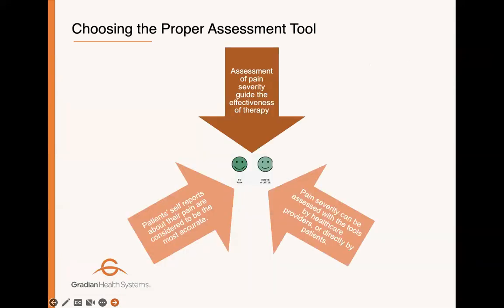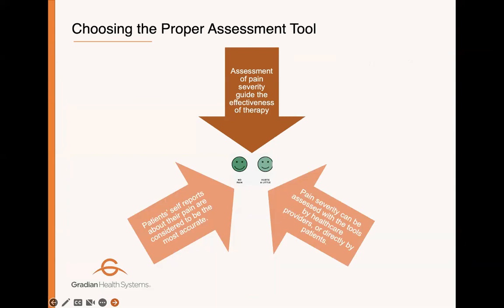So how do we assess? What tool do we use? The proper pain assessment tool depends on the category of patients that we have. If we have non-verbal patients, then we have other tools that are responsible for their pain assessment.